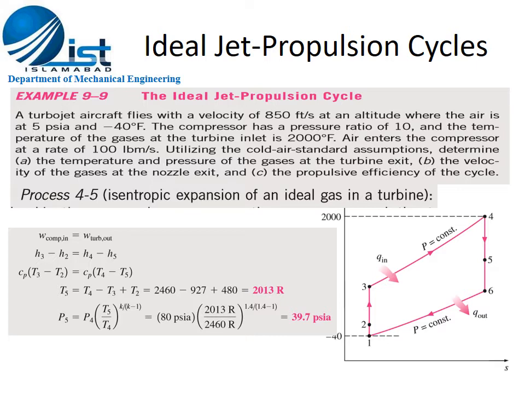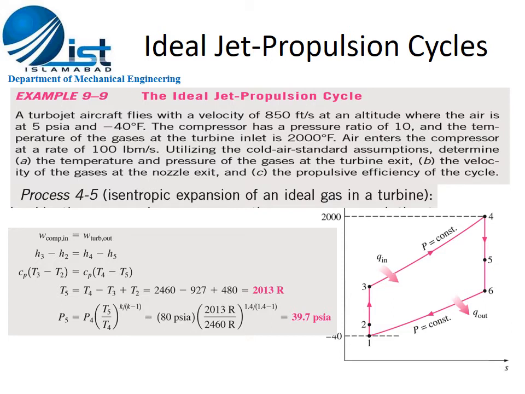From this temperature we have to find out pressure. Using the temperature and pressure relation, P5 will be equal to P4 into (T5 divided by T4) raised to K divided by K minus 1, which comes out to be 39.7 psia. So we have to find out temperature at point number 5 and pressure at point number 5.